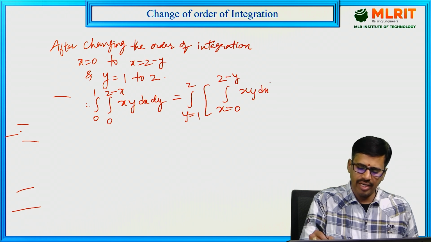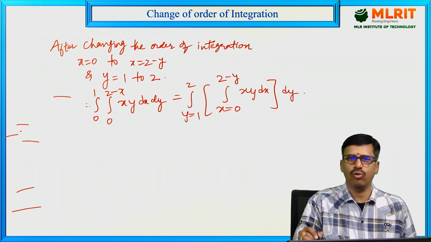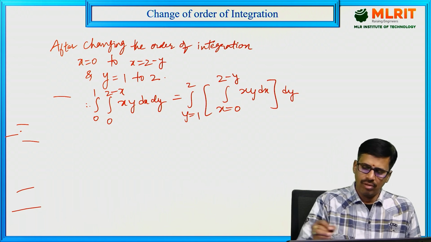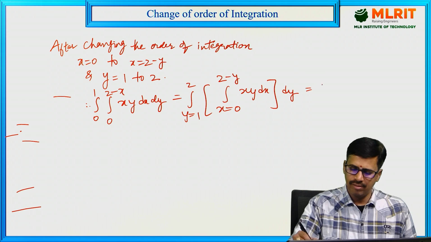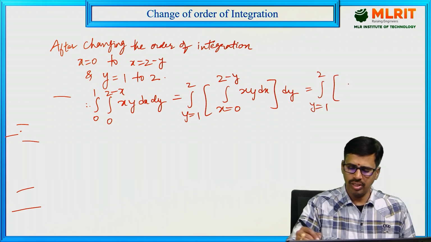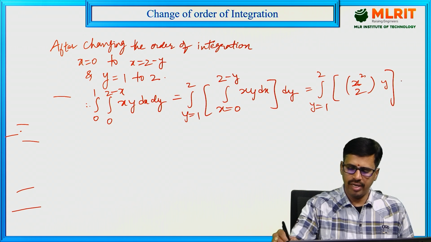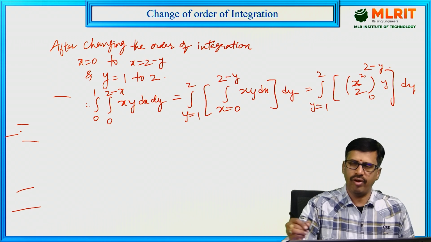First we integrate with respect to x, then with respect to y, right? So this can be written as y equal to 1 to 2. What is the integration of xy dx? That is x square by 2 into y, and the limits are 0 to 2 minus y.